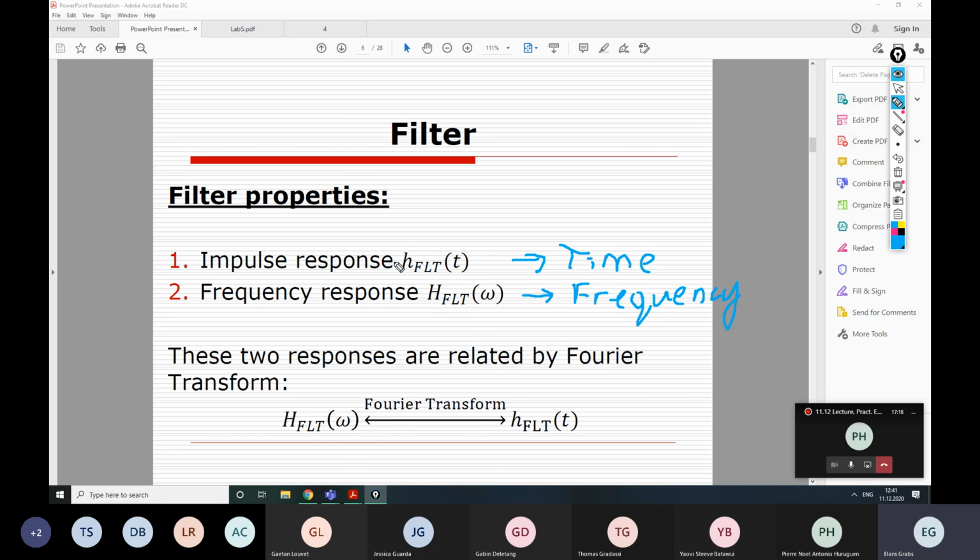For example, if you happen to know the impulse response, then by applying the Fourier transform to it, you can calculate the frequency response.